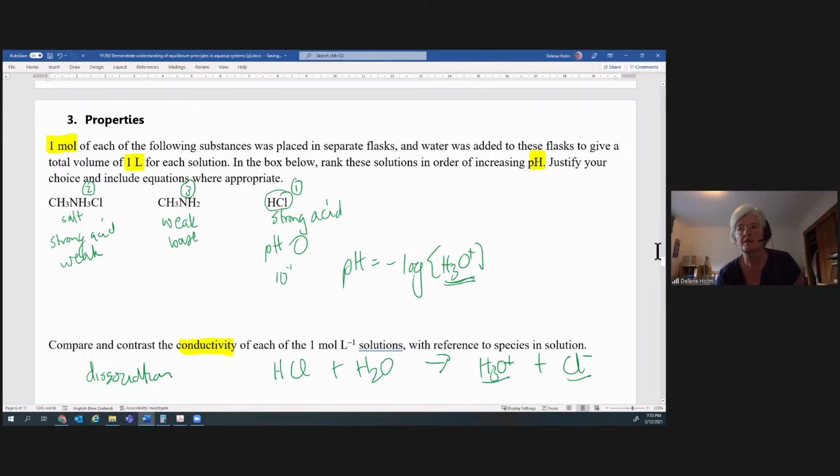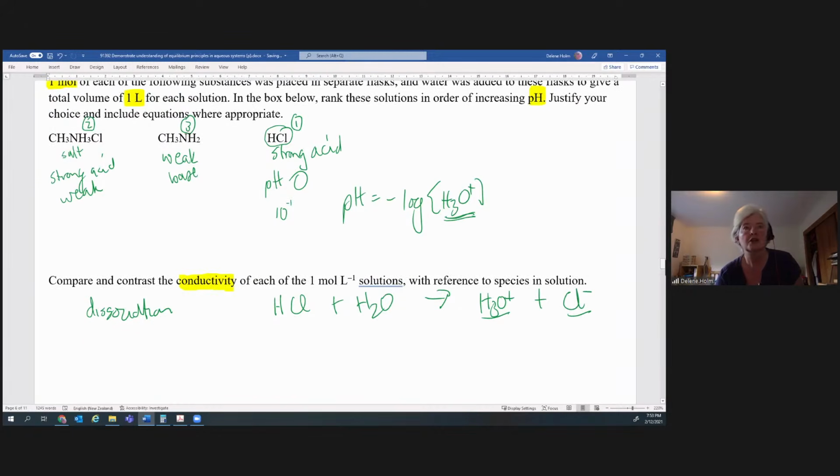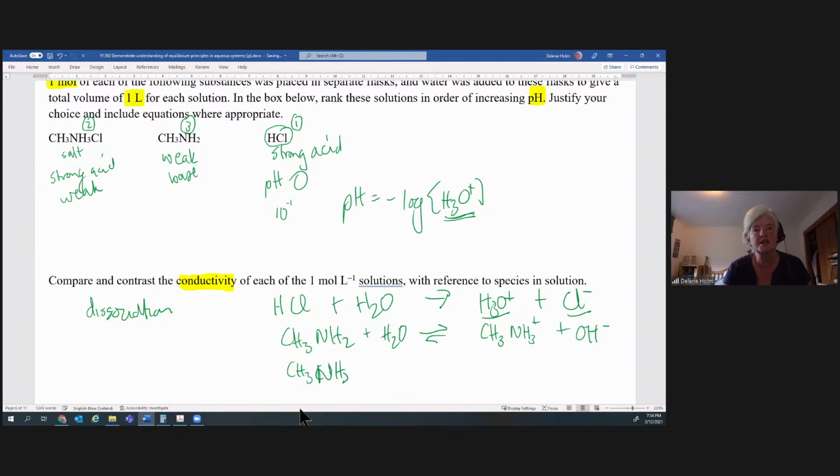For the other ones, because this is a weak base, this is going to be mainly methylamine and not very much at all. So always remember, always add your water, and it's going to be CH3NH3 plus OH minus. Remember, a base must have OH minus. And then the last one, which is CH3NH3Cl.